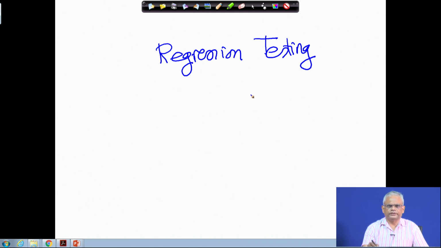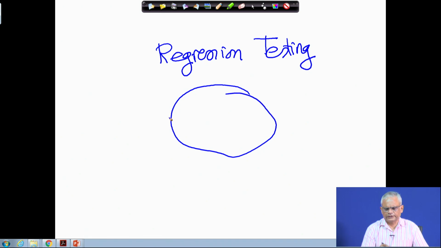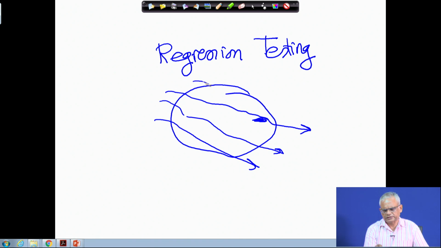Let us say this was the software and we found that some part was a problem, this was causing the failure, and we fixed the bug, and maybe the feature that was failing, the test case that was failing, maybe it passed. But is it possible that the test cases which are already passing, these were already passed test cases, can they fail? That is the question we are trying to address during regression testing.